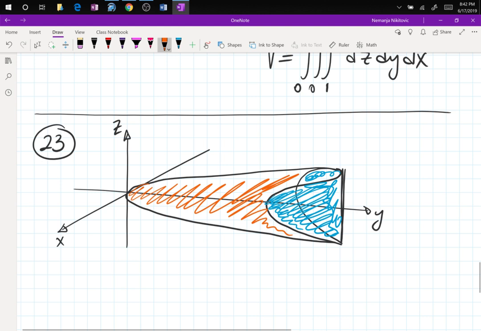And there is an equation for this one. Y equals 2x squared plus 3z squared. And I'm going to also call this one orange because it's y equals 9 minus x squared.